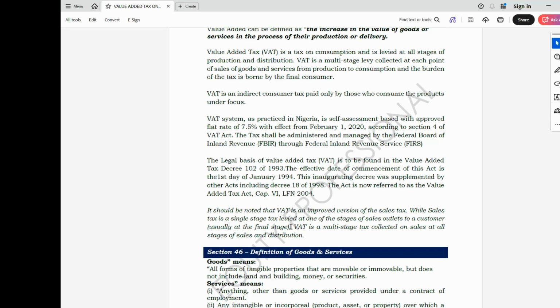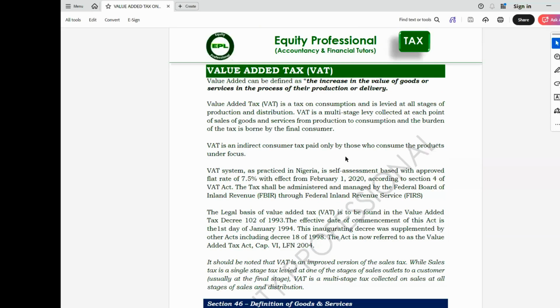So as I said, it replaced the sales tax, which is charged at the various stages of distribution from production to distribution. And basically, the value added tax is usually borne, as I said, by the final consumer.